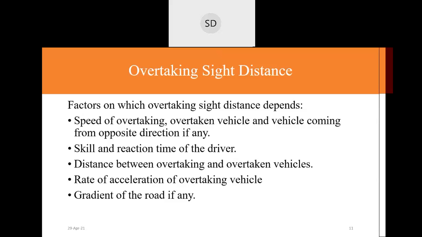Platoon of vehicles means suppose one slow moving vehicle is running very slowly, and if there is no permission to overtake, there will be a line of vehicles behind it. For this reason, overtaking operation is allowed and we need to provide overtaking sight distance whenever it is possible in the stretch of the road.